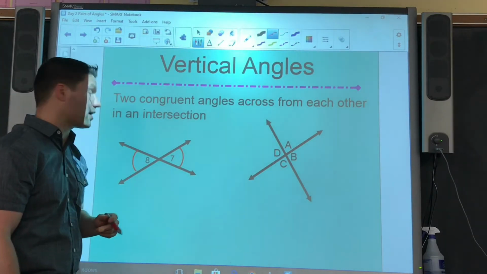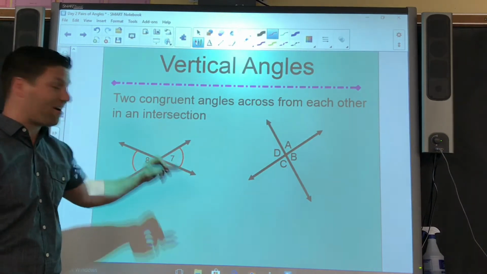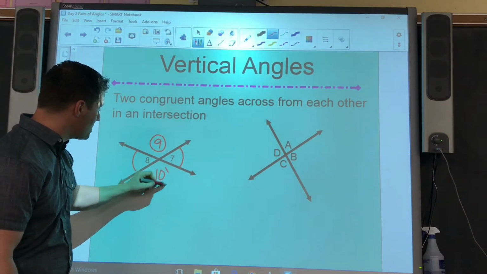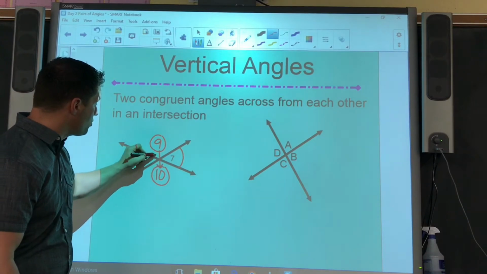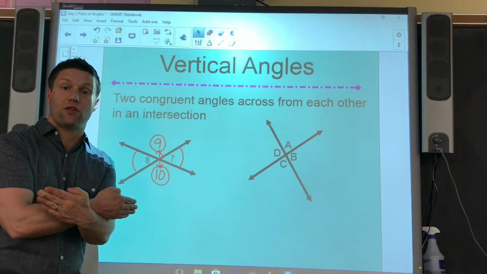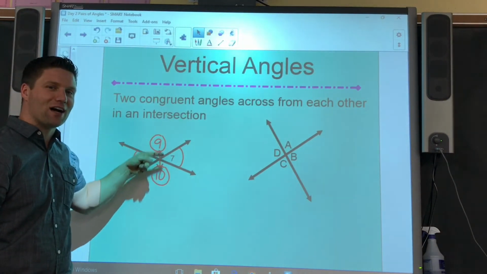We'll learn about that in a second. These are equal angles that are across from each other. So are angles 9 and 10, this one down here and this one here. Those are both called vertical angles because they are across from each other. Not adjacent, not next to, but across.